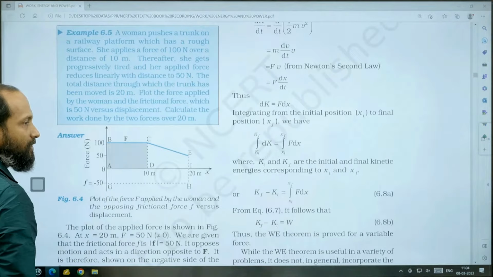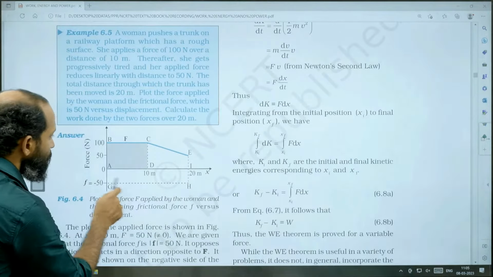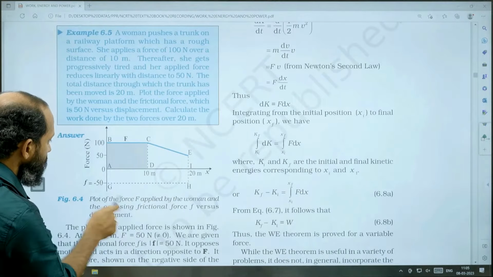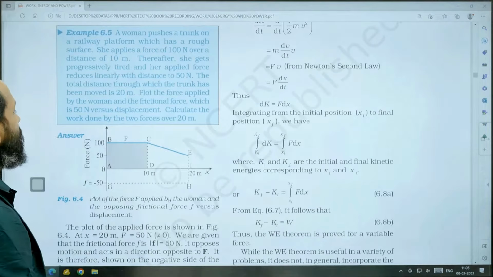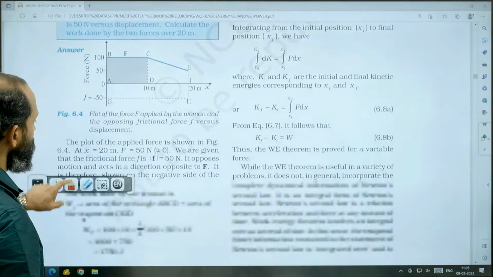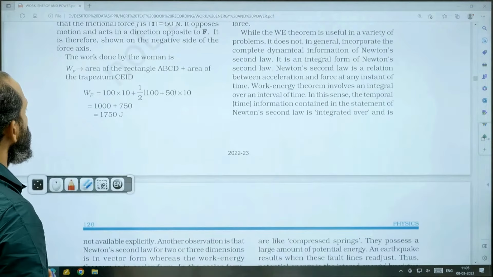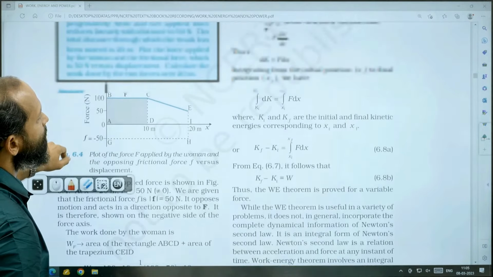Kinetic friction does not depend on velocity. 50 Newton is the force, height is 50. What is the breadth? 20. So 50 into 20, 1000. Work done by frictional force over the entire journey is minus 1000.